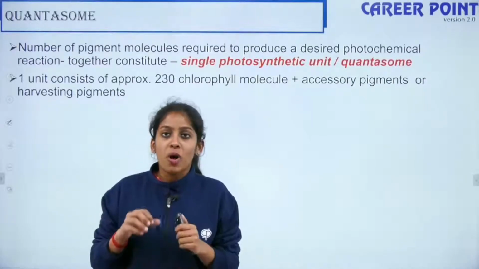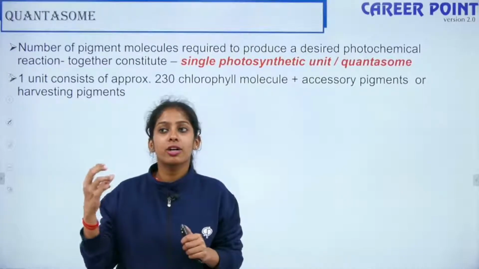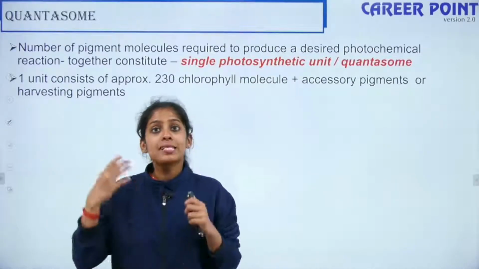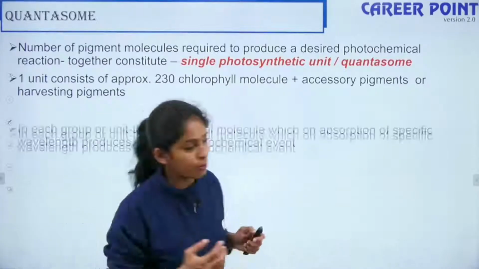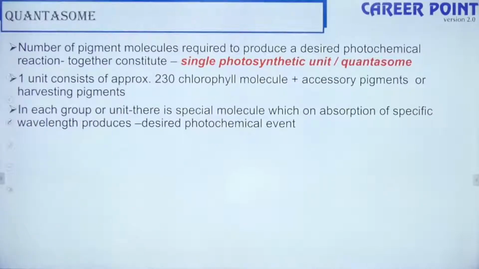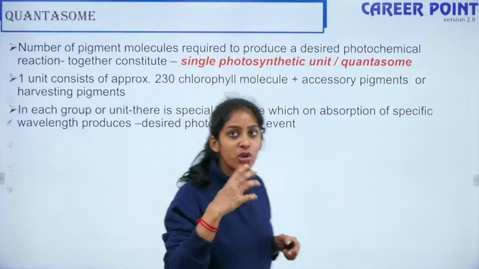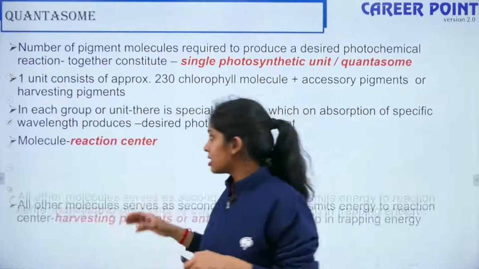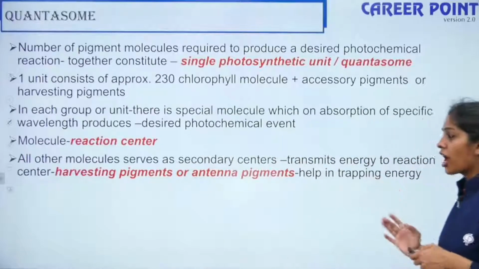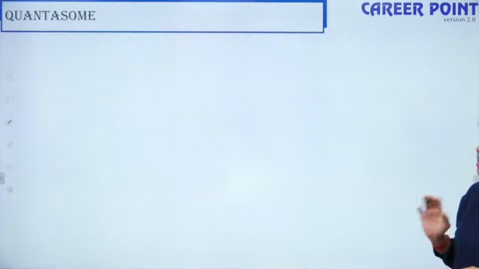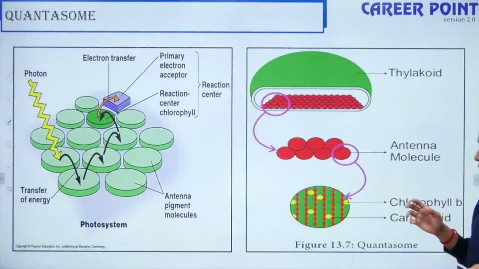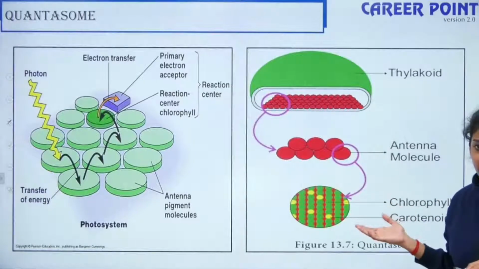Inside a quantosome, I should have at least 230 chlorophyll a molecules plus other accessory or harvesting molecules. In each group or unit, there is a special molecule that is very important: your reaction center. The others are present in your antennae, the harvesting pigments, that is the accessory pigments. So a typical quantosome is here.